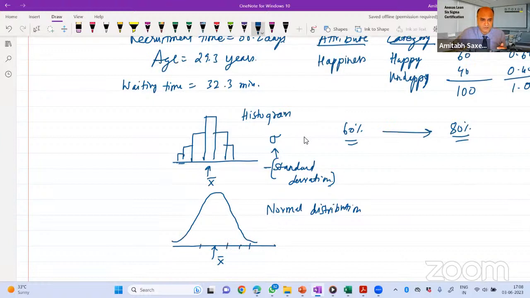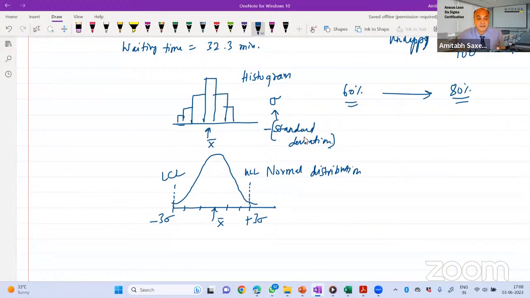And he also found that within plus minus 3 times the standard deviation, with lower control limit and upper control limit, lies the total population.